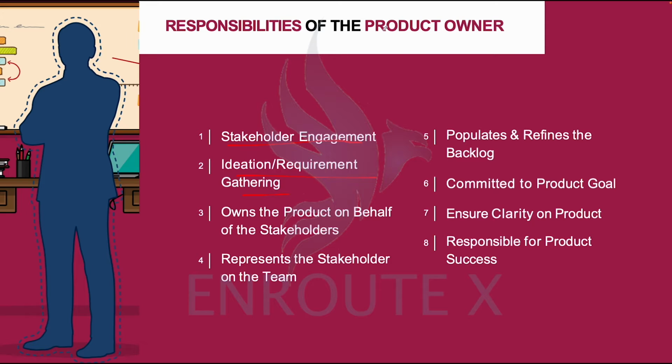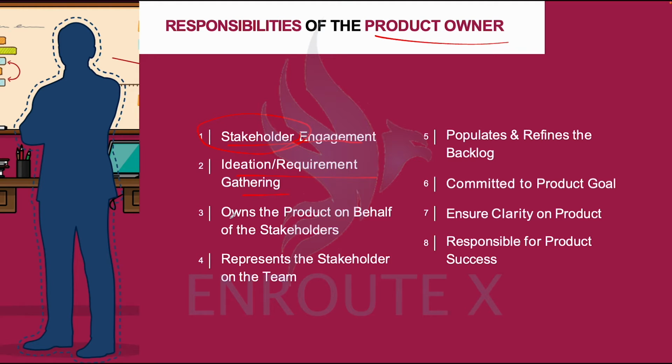When the product owner is engaging with the stakeholder, a product owner is responsible for gathering the requirements, because the requirements will turn into specifications that would be populated into the product backlog. So a product owner must be able to gather requirements from the stakeholders.